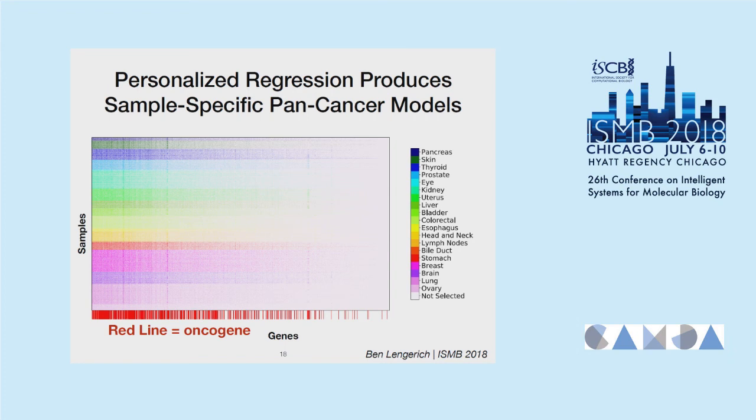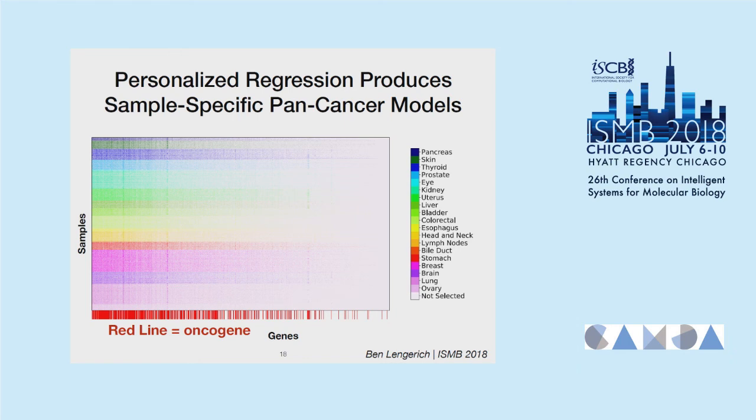So personalized regression also gives us this nice picture. We're returning to that graphical picture of the matrix of model parameters. Here we are plotting the variable selection. So a pixel is dark if that variable is selected for that sample. It is white if that variable is not selected for that sample. And it's colored based on the primary tissue type.